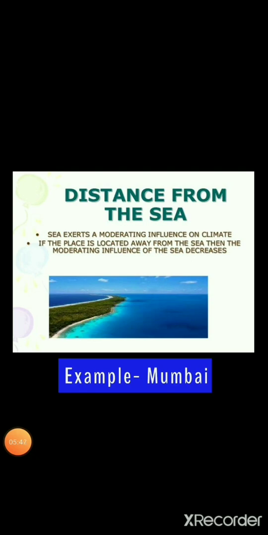The third factor is distance from the sea. Here, sea exerts a moderating influence on the climate. If the place is located away from the sea, then the moderating influence of the sea decreases. Students, what is a sea? In simple terms, you can say a big water body.